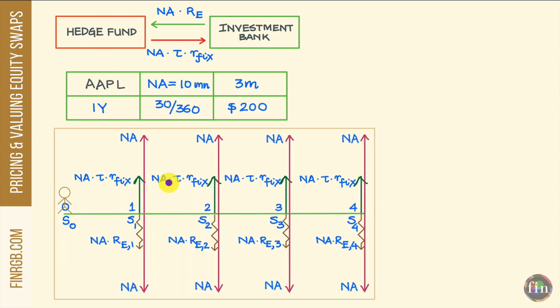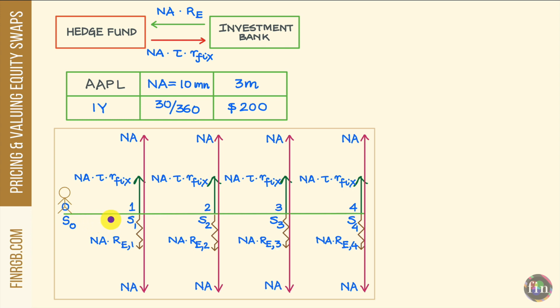This is what I'm referring to. These are my dummy cash inflows and these are my dummy cash outflows. These cash inflows and outflows perfectly offset each other at each of these 4 points in time, and hence these dummy cash flows do not affect the valuation of my equity swap.